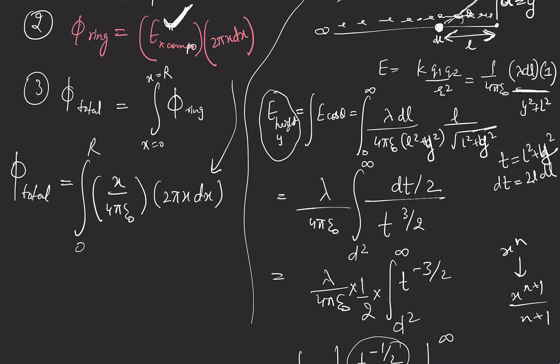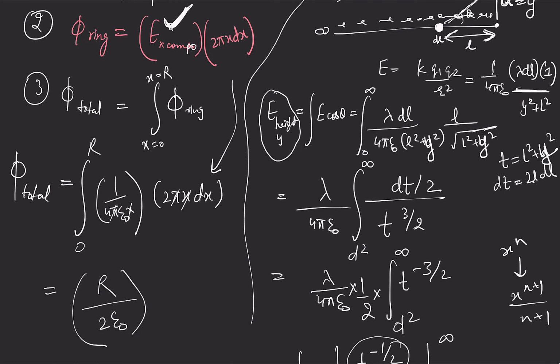So this changes, the electric field at height of x is 1 upon 4 pi epsilon naught x. So x cancels out, pi cancels out, so the answer would be simply r by 2 epsilon naught. So the answer is very simple, the question is not.